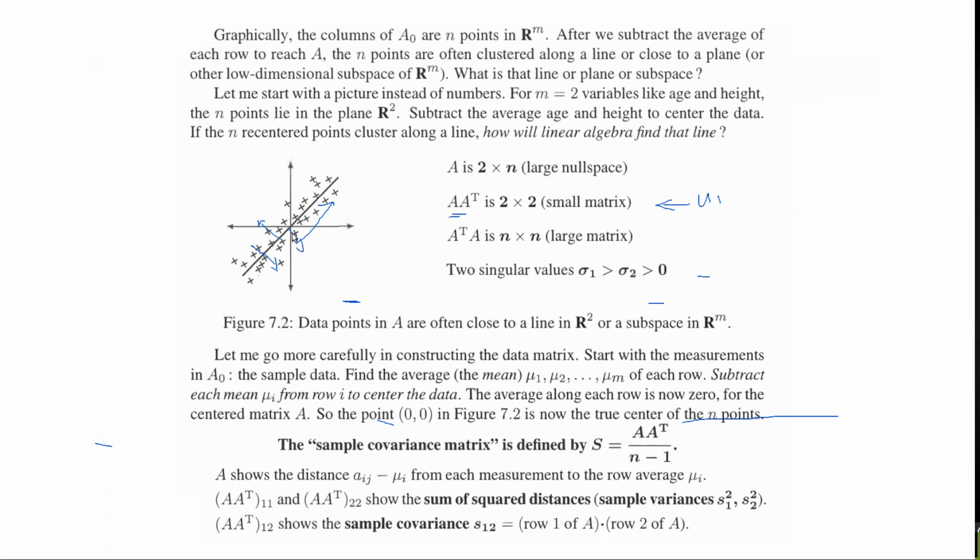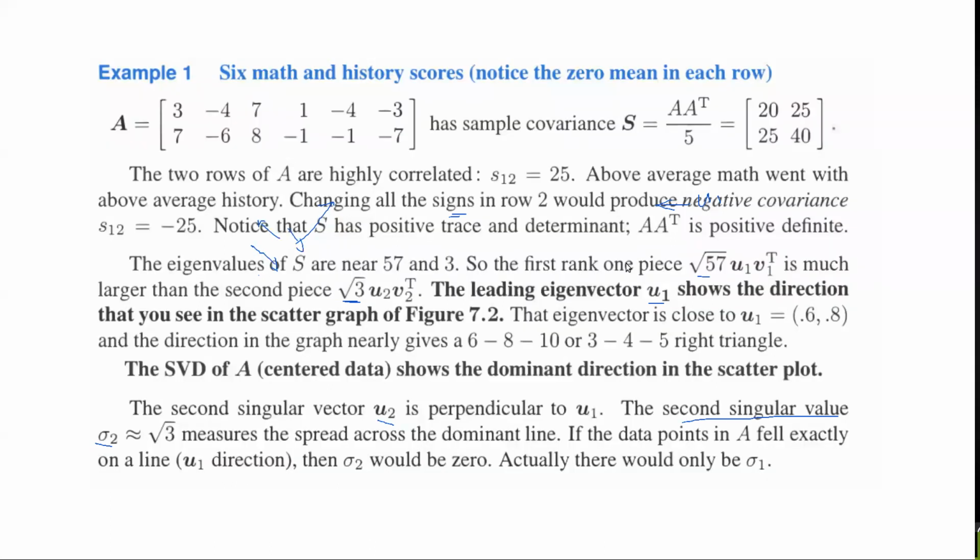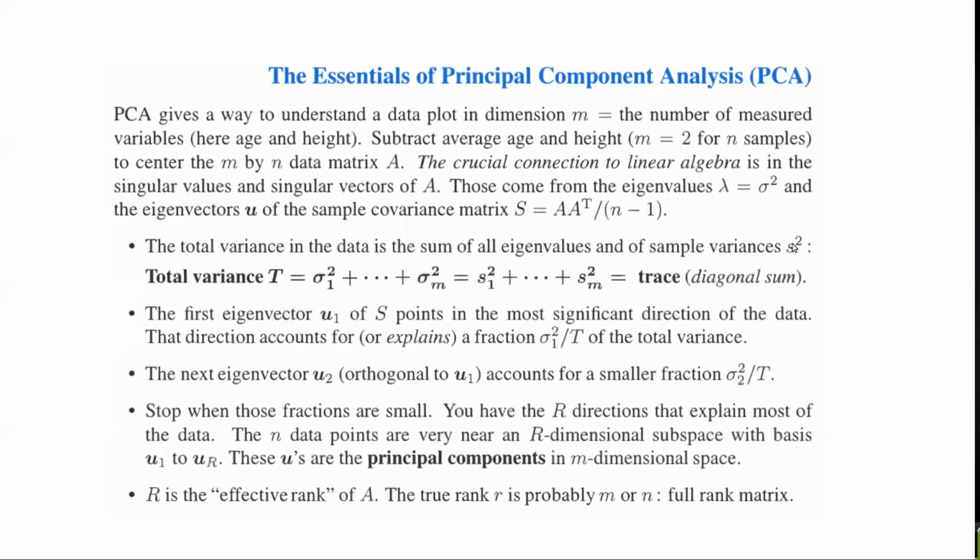So this analysis is what we call PCA, principal component analysis, which comes from just the SVD. To put everything in one basket, for this case we have this X, which comes from A transpose A. This is the sample covariance matrix.